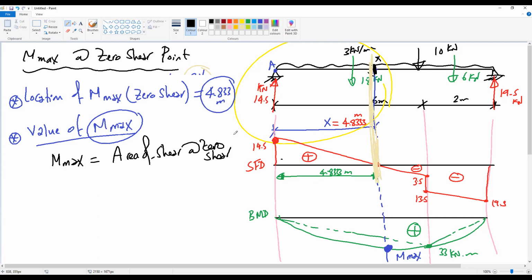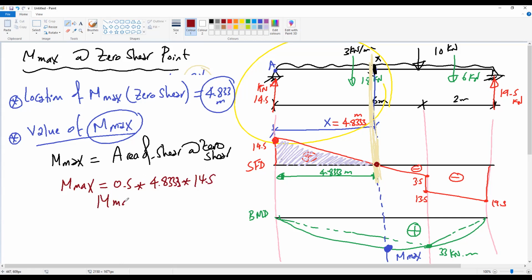So at this part, where is the area of shear? This is the area of this triangle. Can you find the area of this triangle? The value of Mmax will be this area, which is half the base, which is 4.8333, multiplied by the height of the triangle, which is 14.5.